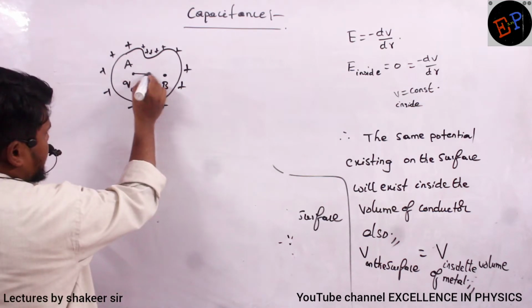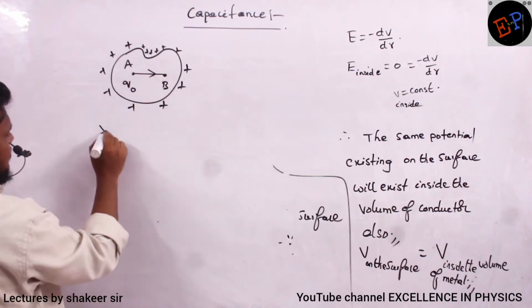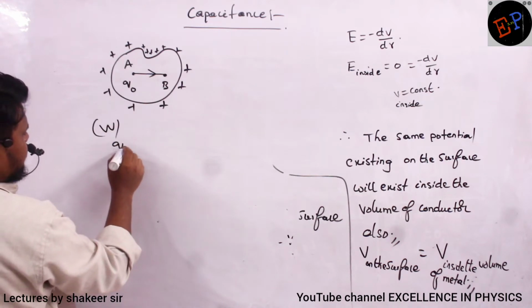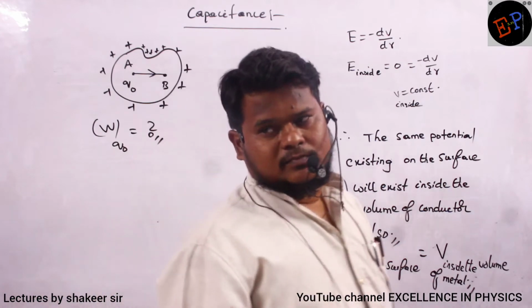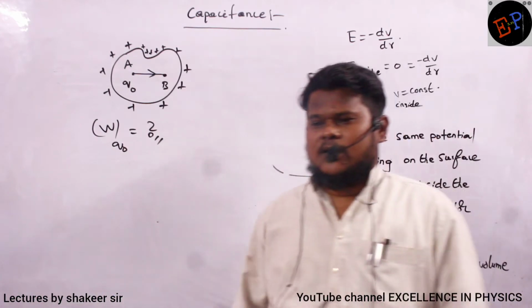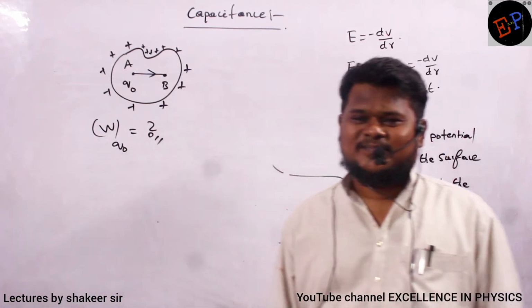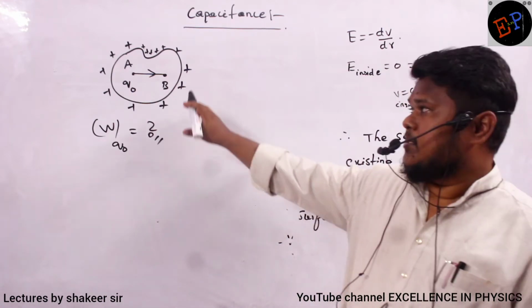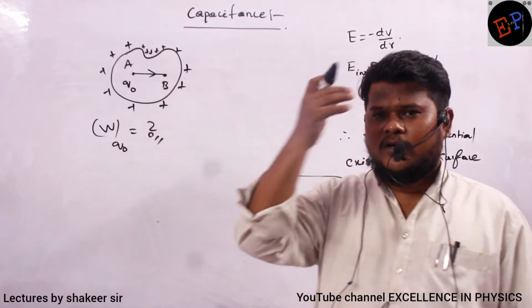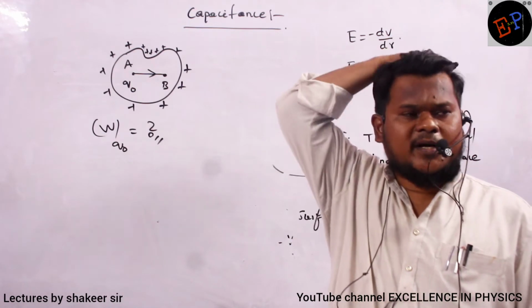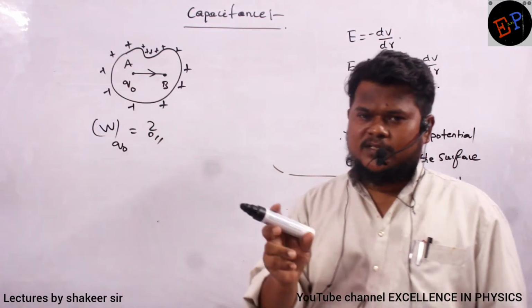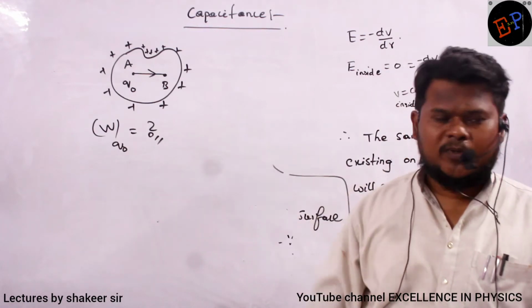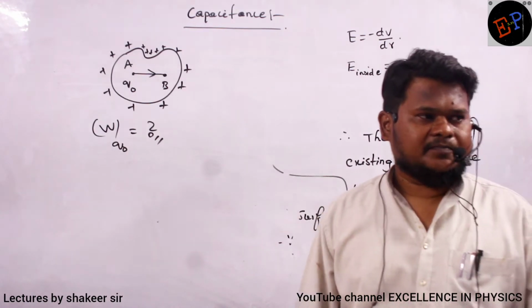I want to move this test charge from A to B. Then can you say what is the amount of work done? Are you able to understand? There is a charged metal conductor. Inside the volume of this conductor, I am taking 2 points, point A and point B. From point A, I want to move a test charge to point B. Then what is the amount of work done?